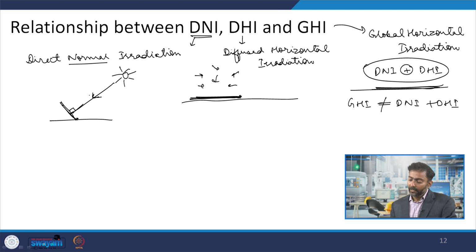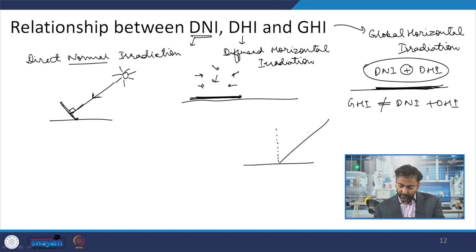To derive that, let us try to understand it in a little more detail. If I want to quantify the GHI using the DNI and DHI, let us take a generic situation where this is the vertical and the solar radiation is coming at some particular angle. We call this theta z, the zenith angle, as we just saw for air mass. So, the beam component is coming at some angle of theta z.